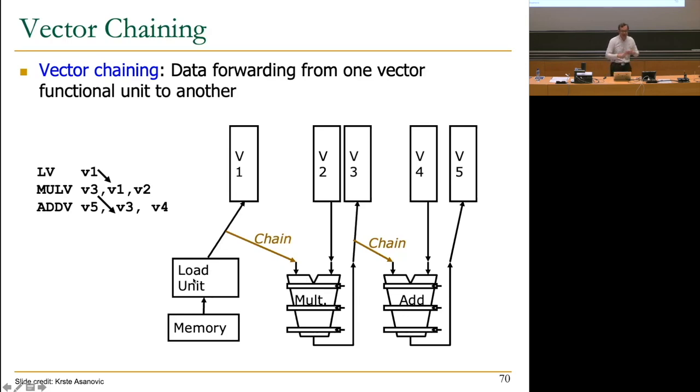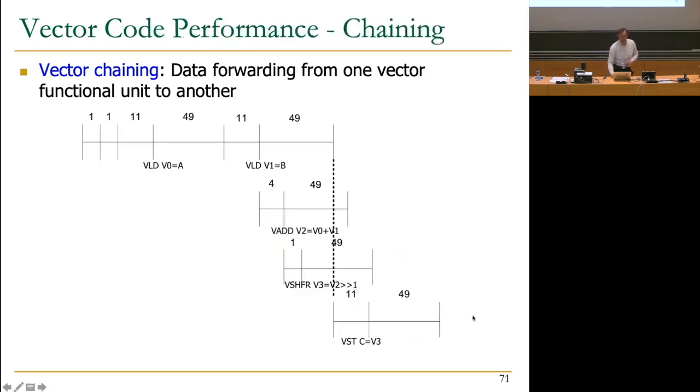Okay, so while the vector results are coming out, they're coming into these different functional units. And this is going to parallelize the back end of our program. Meaning, actually, after you get the first element of the second load, you can start the add, right? Because you have the first element of vector 1, you already had the first element of vector 0, you basically add them.